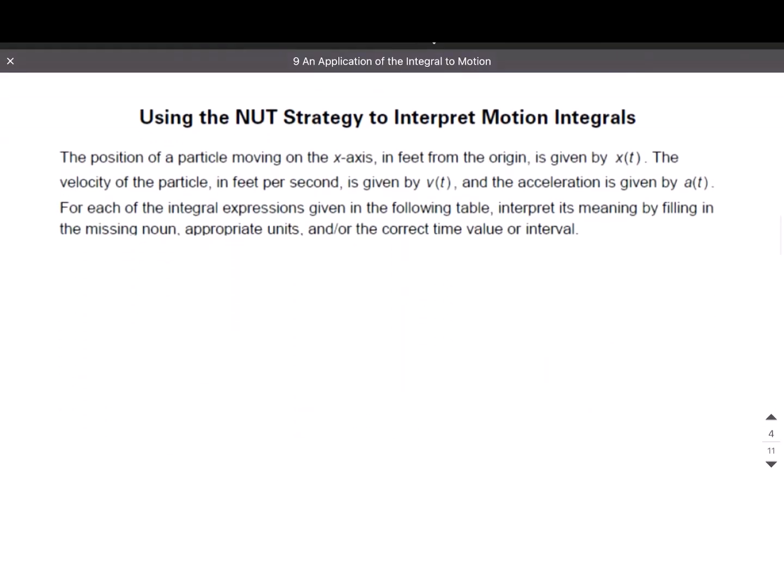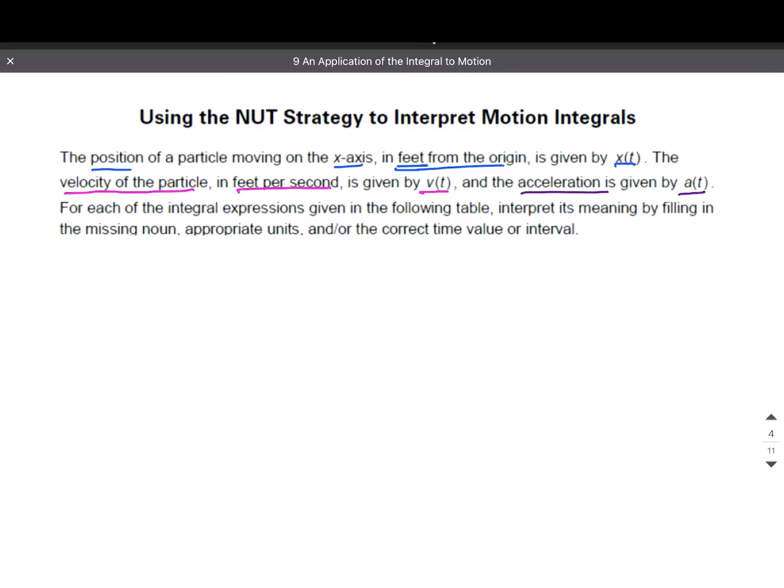Okay, so now we're on to interpreting motion in integrals. Remember, if the position of a particle moving on the x-axis, in feet from the origin, is given by x of t, then we know that the velocity of the particle in feet per second is given by v of t, and the acceleration is given by a of t.